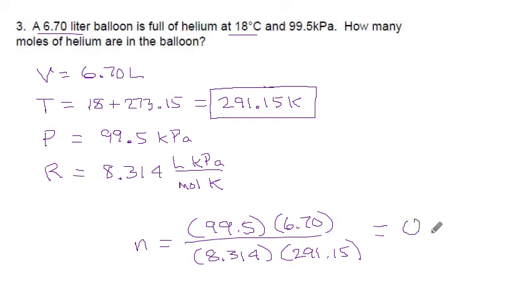I get 0.275 moles of, what did they say, helium, which has the symbol just He. Not too bad. Definitely the least common mole formula that we will use, but you will see it from time to time, and it's nice to know you're ready.